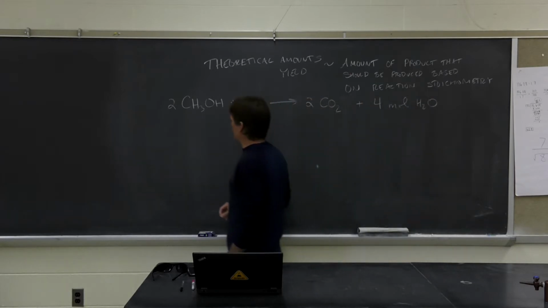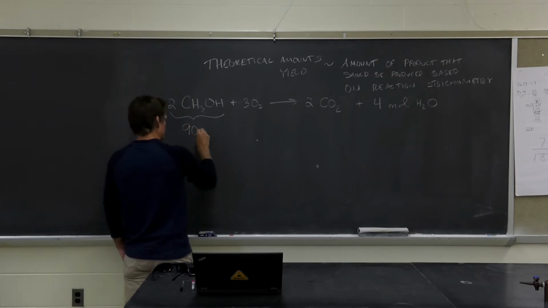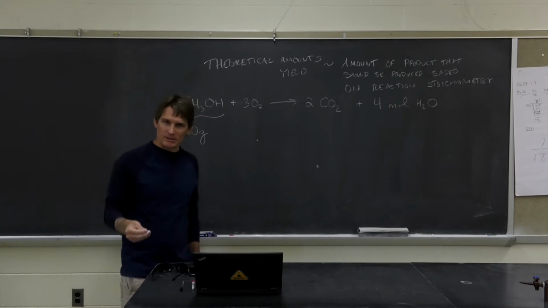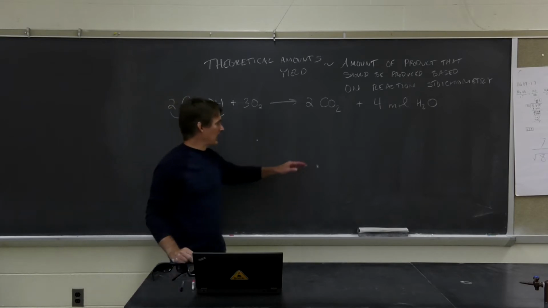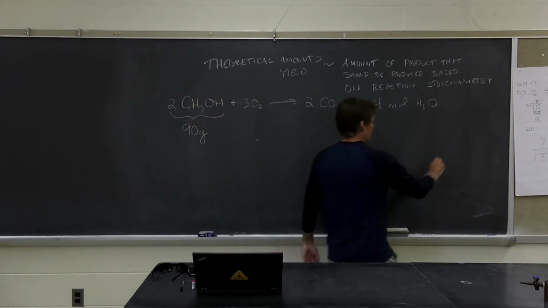And let's say I take 90 grams of methanol and I completely combust it. And I actually collect the carbon dioxide and I weigh it out. And I find that I get, we'll say, 110 grams of it. Okay? That's what I get.